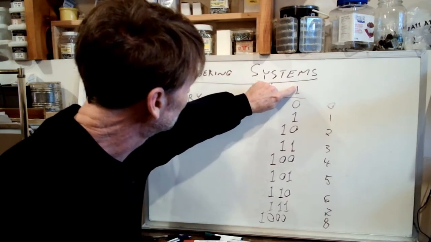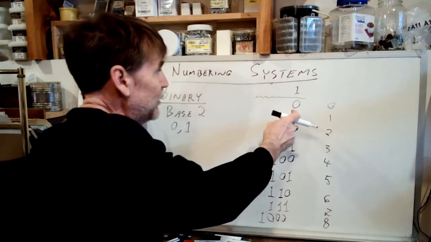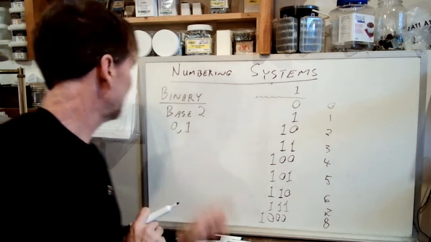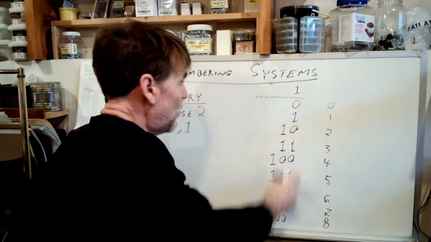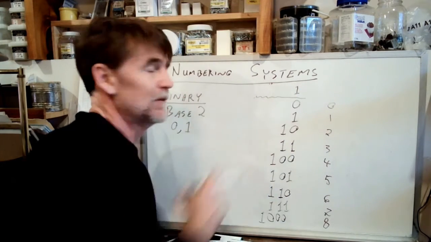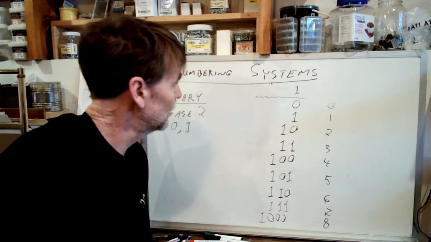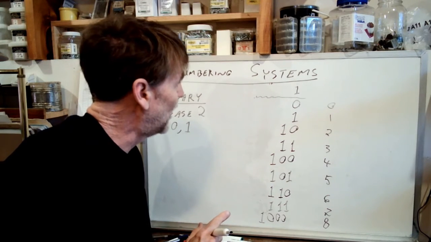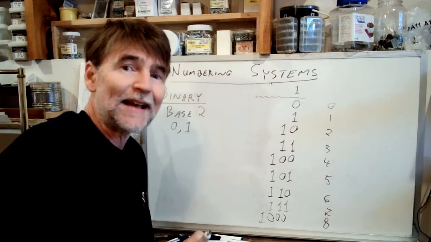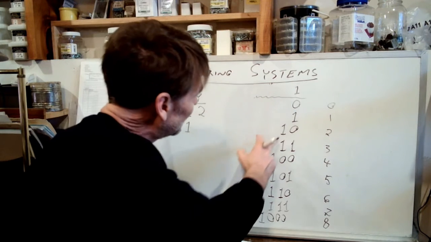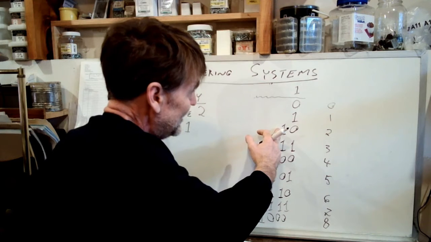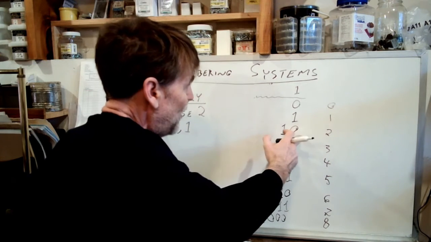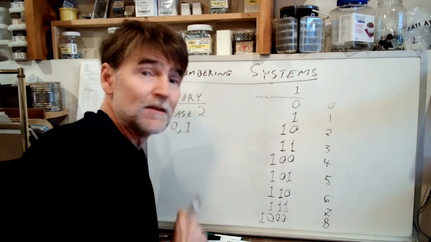If there is a true in this first column on the left, that's going to represent a value of 1. What if we have a 1 only in the second column from the left? Here's this situation here. So the second column is true, everything else is false. That represents the number 2.